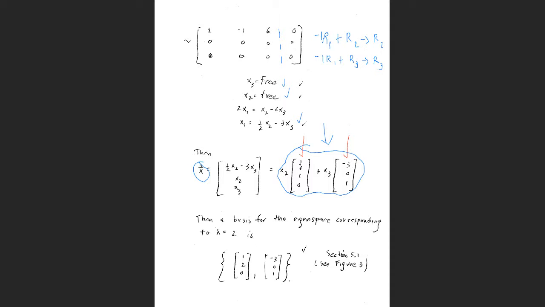And so I have my basis for the eigenspace. But what I did was I kept the negative 3, 0, 1. I kept that basis vector. But the 1/2, 1, 0, I just took a multiple of that. I got 1, 2, 0. What multiple am I taking? So 1/2, 1, 0, I'm going to instead replace that vector with 1, 2, 0. How did I get the 1, 2, 0?